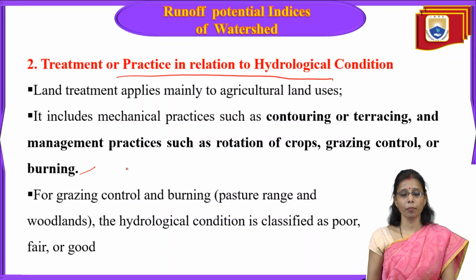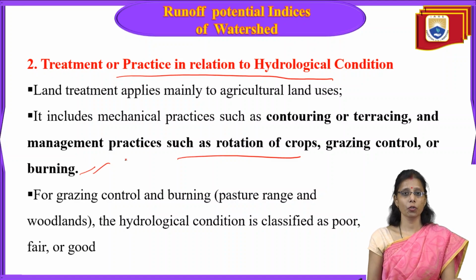It also includes mechanical practices such as contouring and terracing, like in the hilly areas. Wherever we see hilly areas, these contouring and terracing practices are going on. And management practices such as crop rotation are also going on. Grazing control or the burning of the forest.